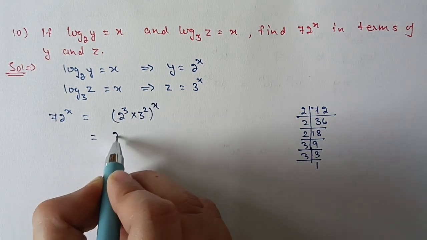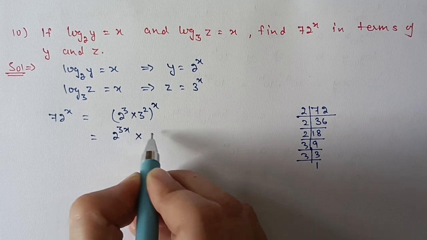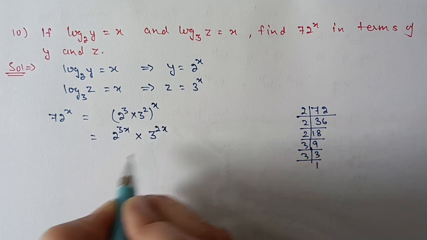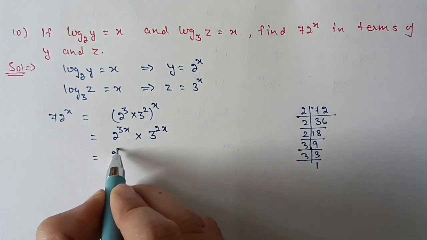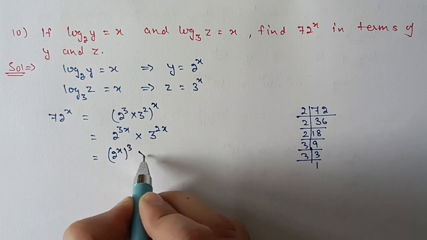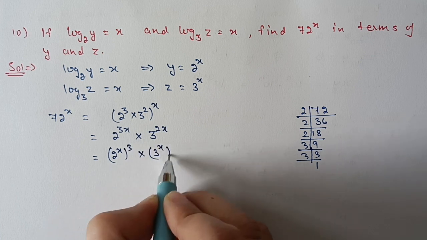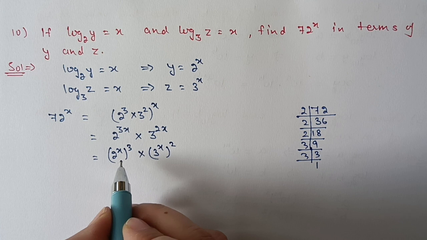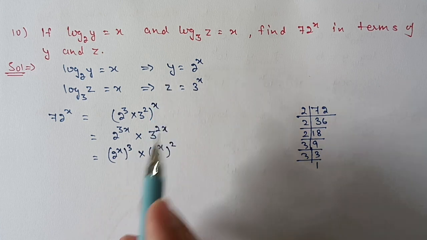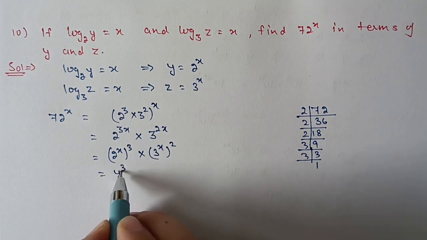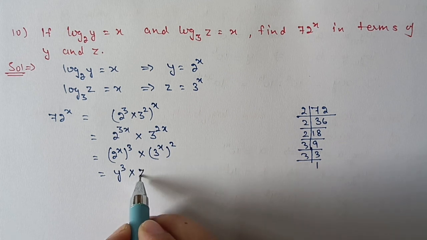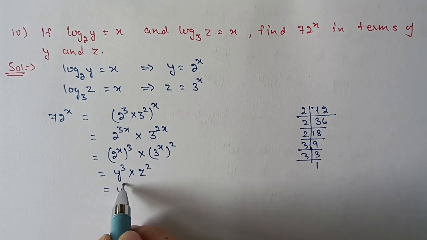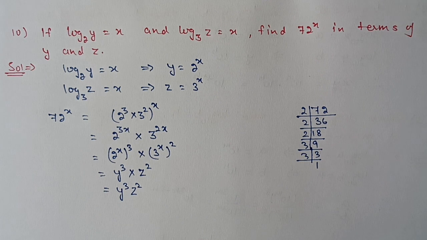We can write it as 2 to the power 3x, 3 to the power 2x. So 2 to the power x power 3 and 3 to the power x power 2. Now we can replace 2 to the power x is equal to y. So it will become y cube and this will become z square. So finally we have y cube and z square equal to 72 to the power x.